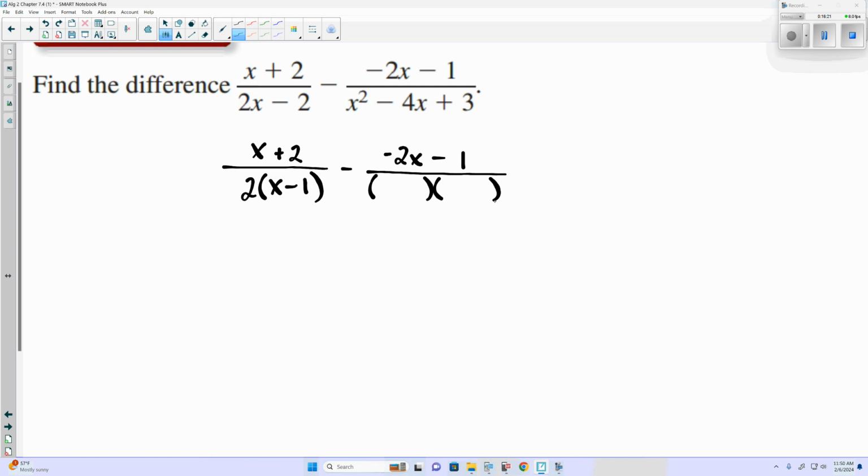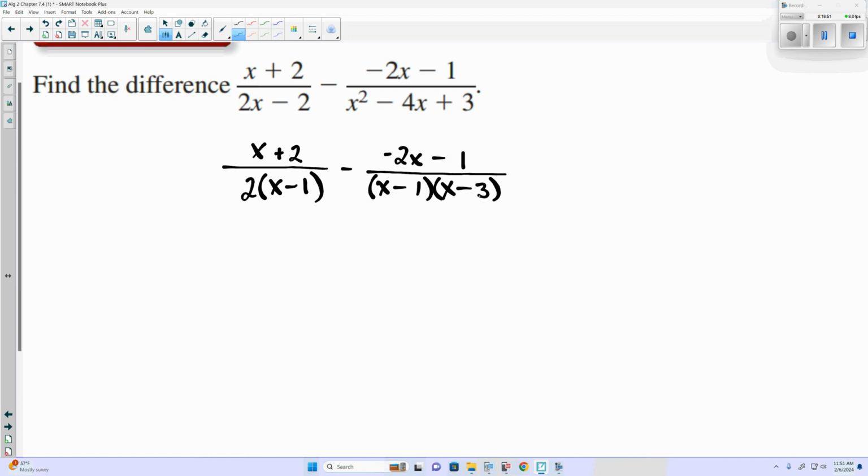Now we're going to look at x squared minus 4x plus 3. When we factor this, greatest common factor, there's not one. We find the sign. Since the third term is positive, the signs are the same and match the sign of the middle term. Minus and minus. Factors of x squared, x and x. And our factors of 3 are 1 and 3.